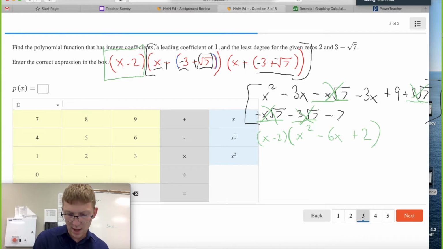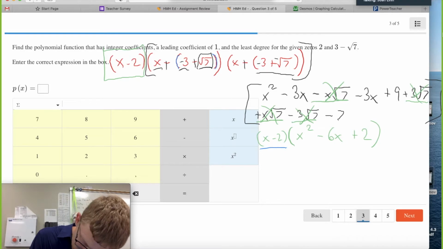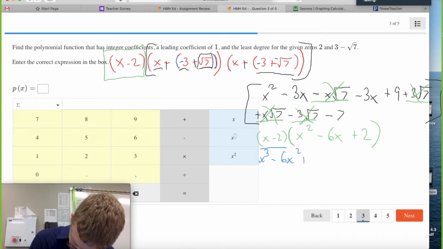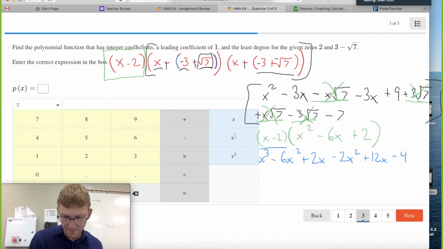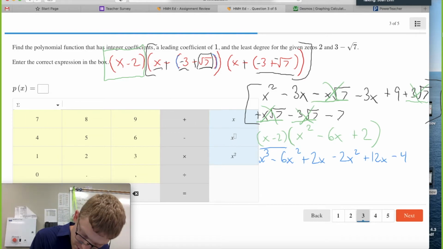So now we have to put our x minus 2 into the whole thing, and then we'll be ready to go. So we'll start with our x. It's going to be x cubed minus 6x squared plus 2x minus 2x squared plus 12x minus 4. So then we combine like terms.